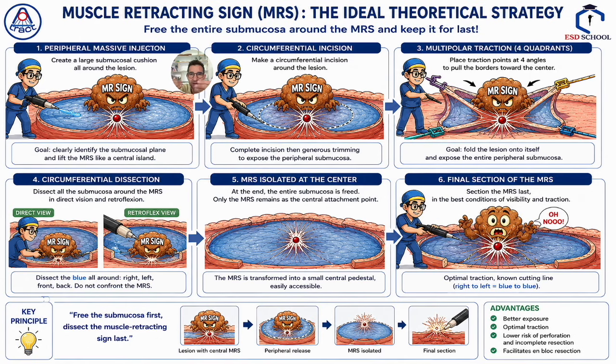So most of the time you will damage the muscle but see a layer under, and you will not expect a very big perforation. It's the end of the procedure, so you can close easily. The lesion is not very difficult to deal with at the end because everything is done around.